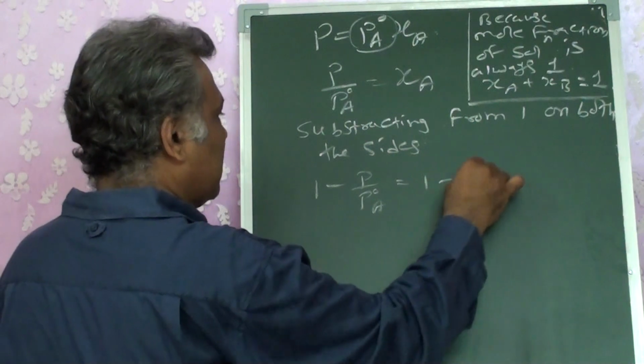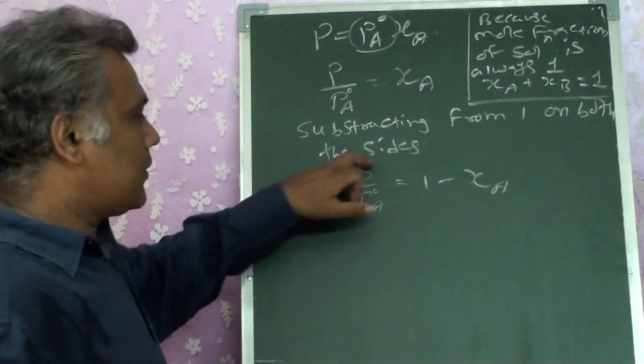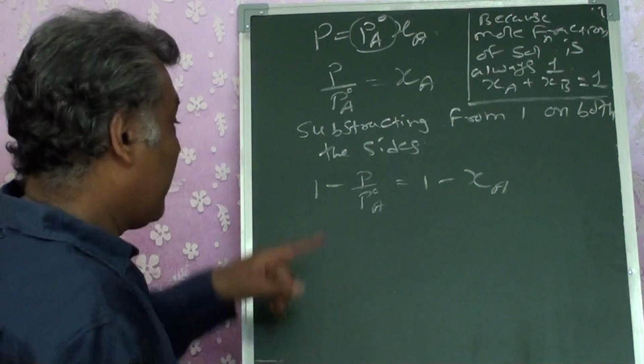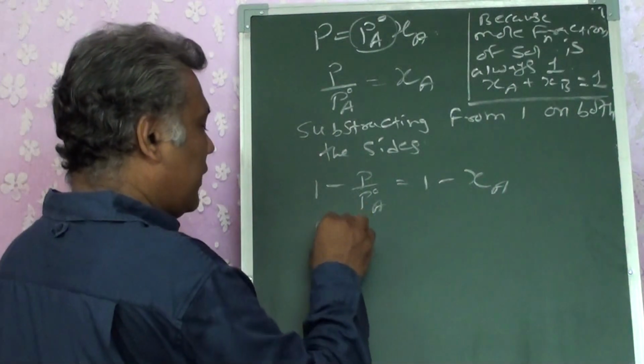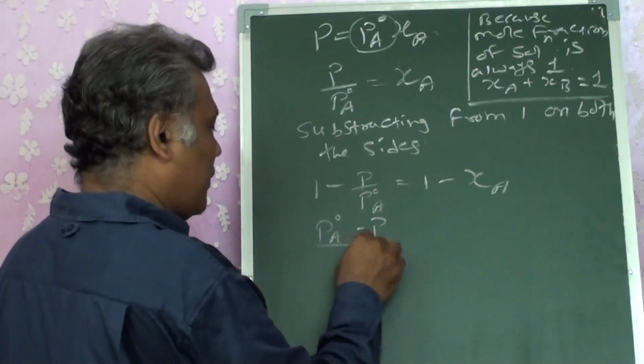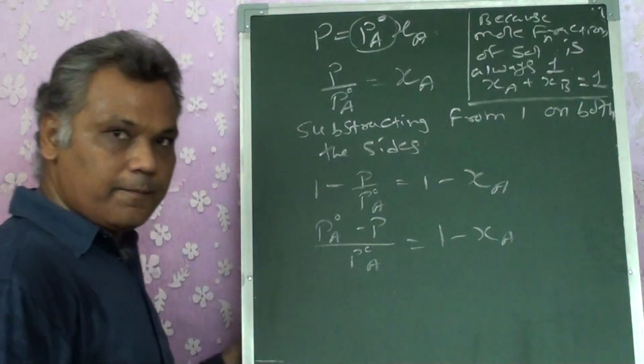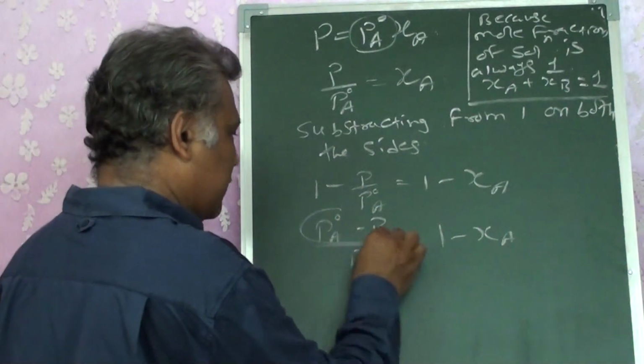We get 1 minus P upon P naught A is equal to 1 minus XA. Take the LCM. We get P naught A minus P upon P naught A is equal to 1 minus XA. But what is this?